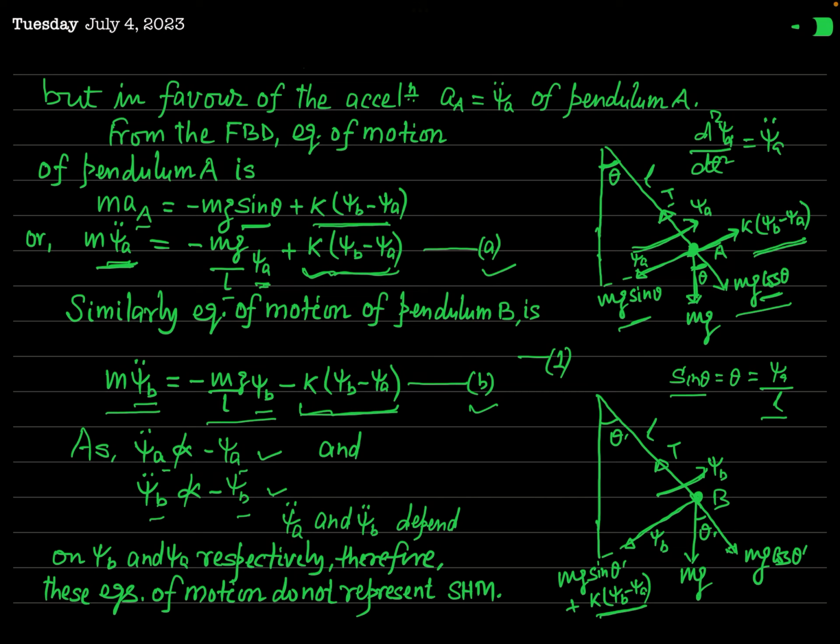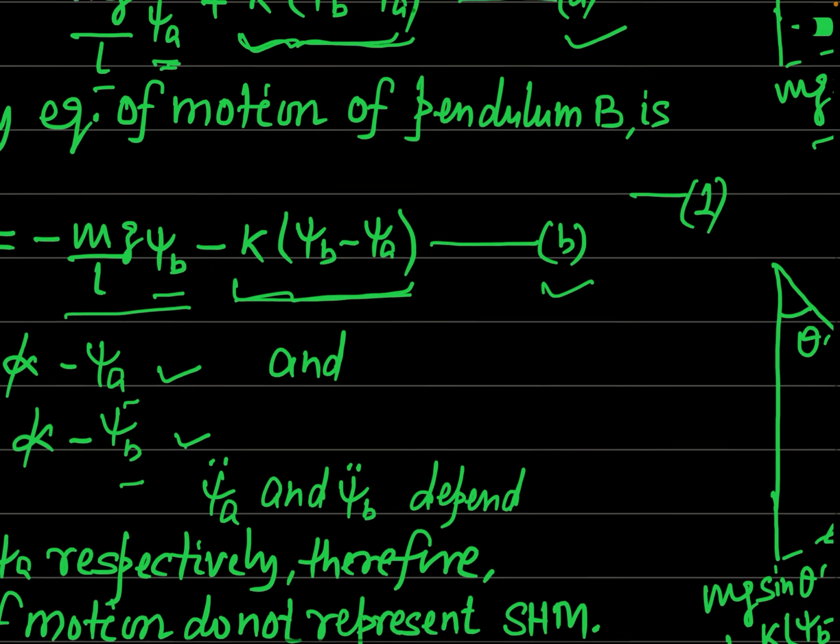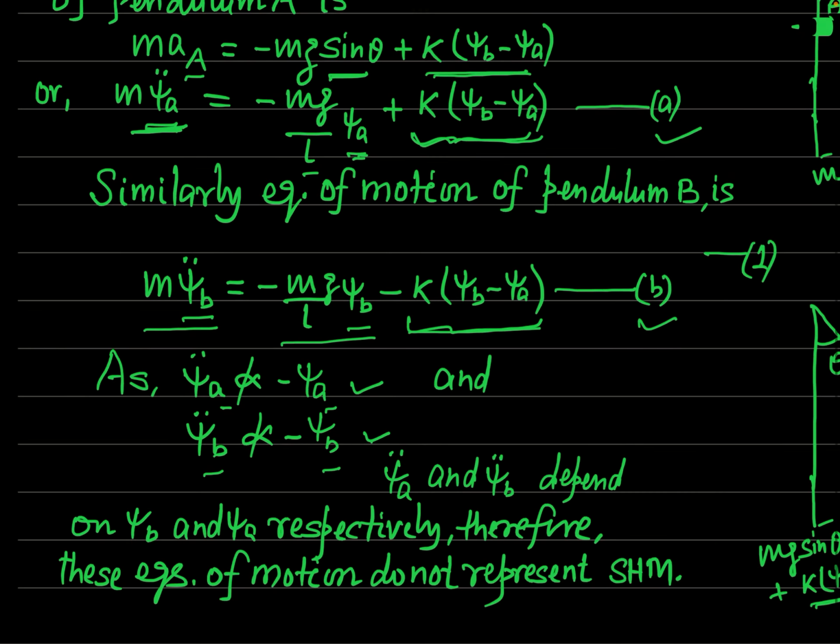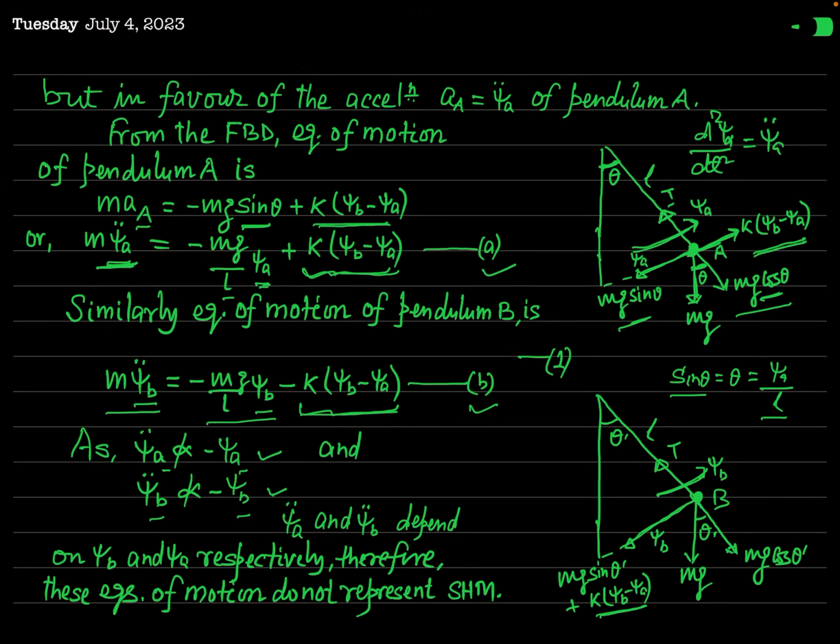Actually, the acceleration of pendulum A, that is psi a double dot, does not depend only on psi a, but it also depends on psi b, as psi b is present here. So the acceleration of pendulum A depends on the displacement of the other pendulum also, and similarly the acceleration of pendulum B also depends on the displacement of the first pendulum A, that is psi a.